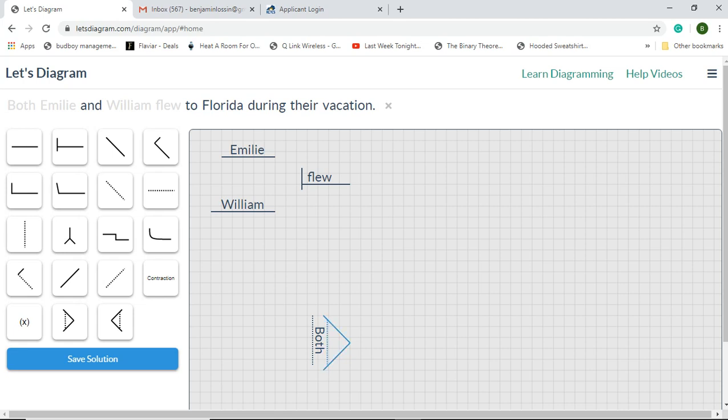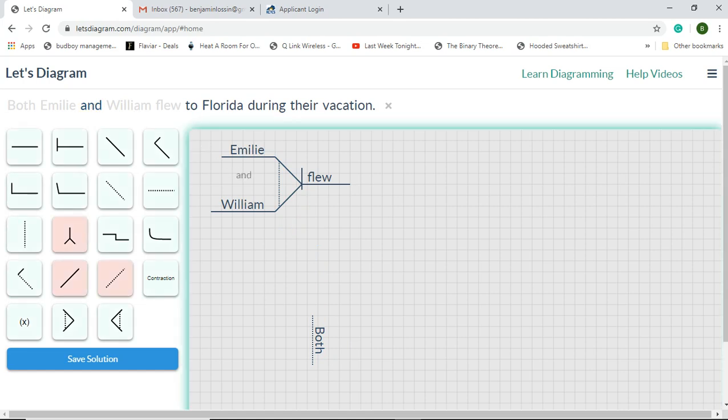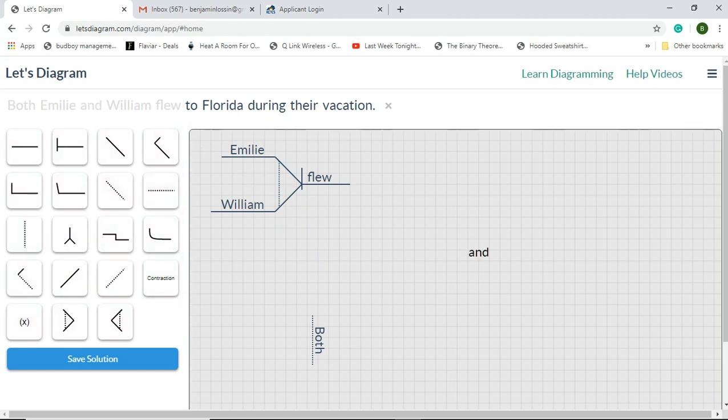I'm going to take both and put it right here. You don't need the second dotted line. It's just and both with the one dotted line. I don't think it'll allow me to do it on the computer the correct way, so this is what it should look like. These are your correlative conjunctions. They act like coordinating conjunctions. There's just two of them.